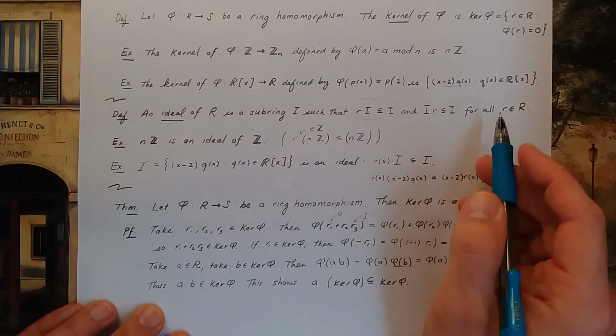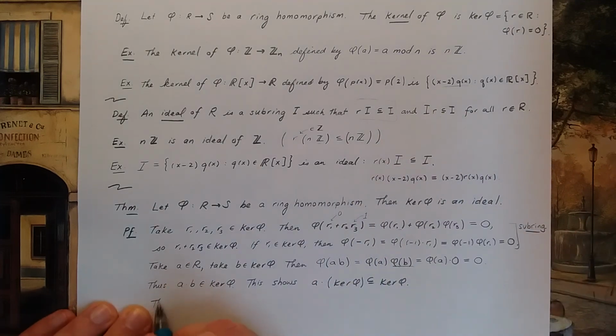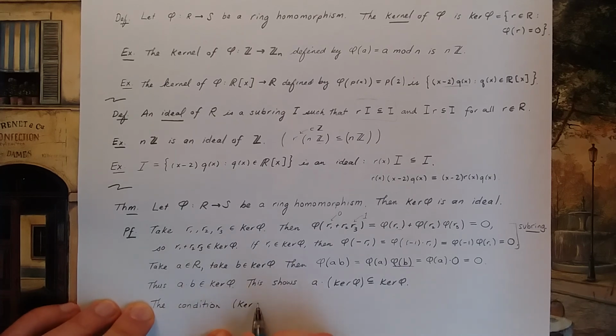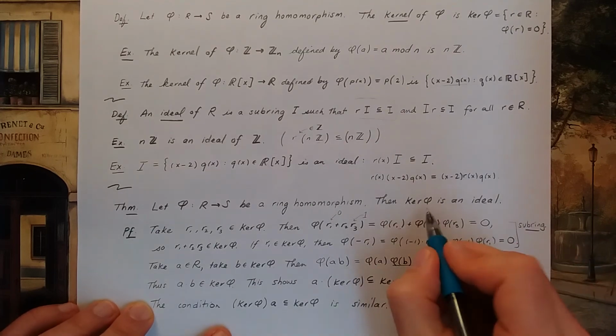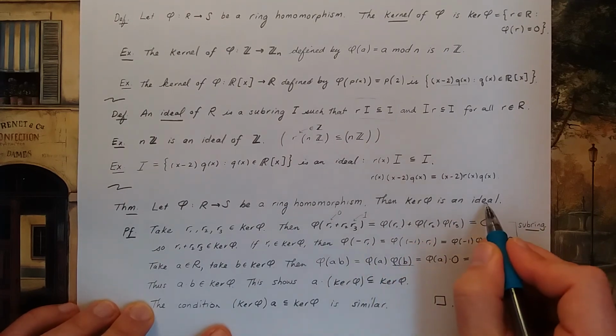The second property is similar. I don't think I want to show it. So the condition, when I put a on the right being a subset, is similar. So I claim that I am done. The kernel of a ring homomorphism is an ideal.